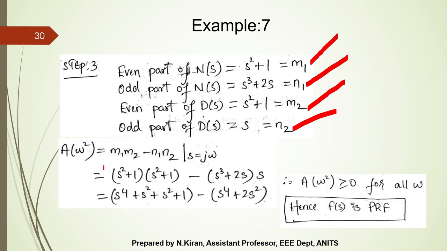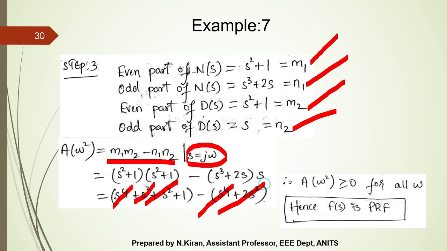So when I apply the formula m1 m2 minus n1 n2 and substitute s equal to j omega, I will get the expression. The s power 4 is getting cancelled, 2s square will get cancelled, so I will be left only with 1. Hence, since A of omega square is greater than or equal to 0, the condition is satisfied, and the given function is a positive real function.